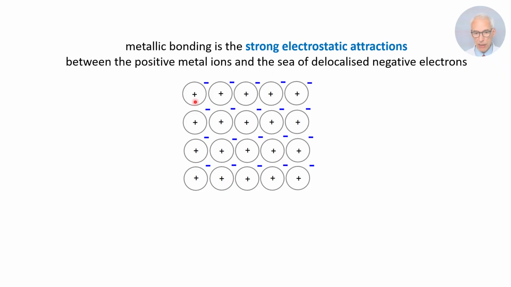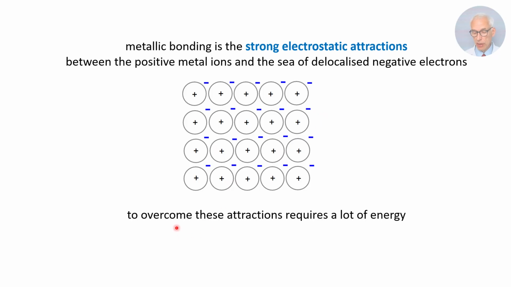These positive metal ions form strong electrostatic attractions for the sea of delocalized electrons. So if we take a central metal cation, it's attracted to the sea of delocalized electrons in all directions, and therefore it's held in place. So these strong electrostatic attractions between the positive metal ions and the sea of delocalized electrons make up metallic bonding.